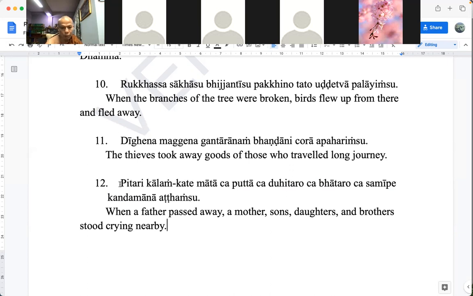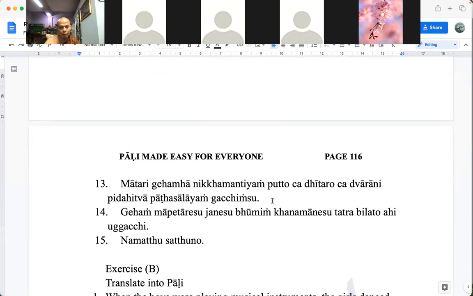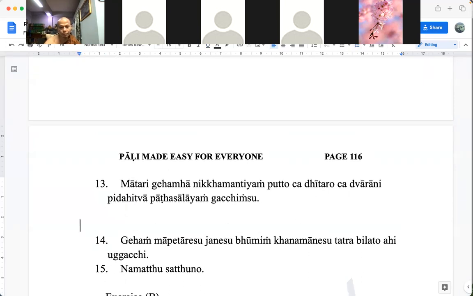So here also locative absolute, Bidri Kalankati. And then now number 13. So Madari Gehama Nekamandiyan Boddoja Didaroja Dwarani Bidahitawa Pata Salayan.